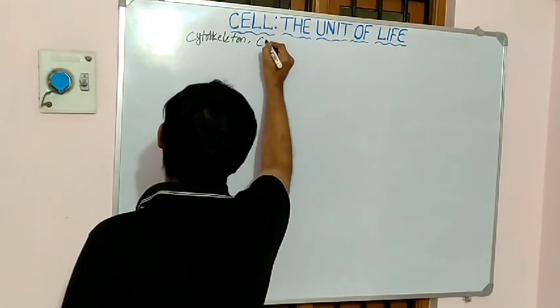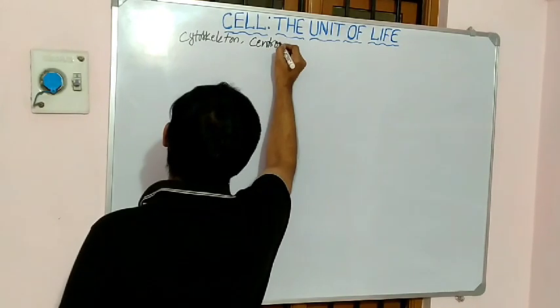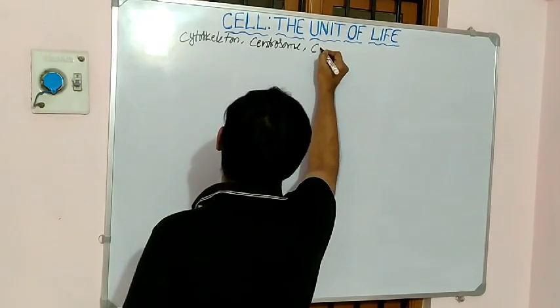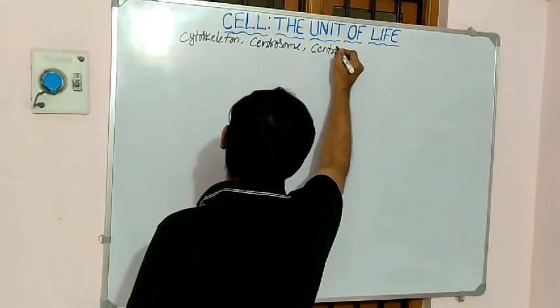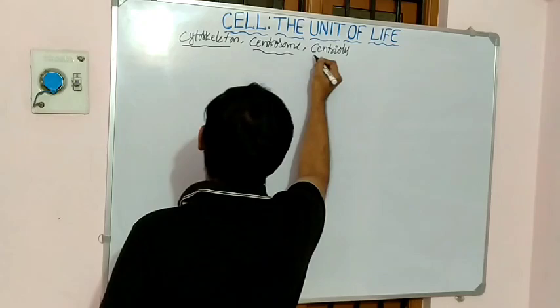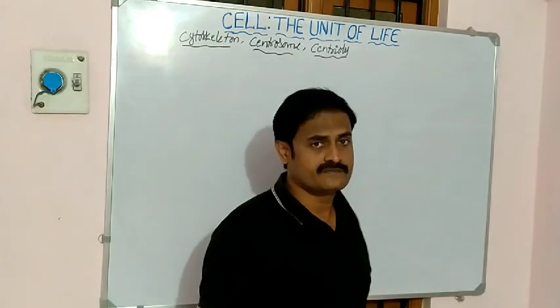They are centrosome and centrioles. So these three cell organelles now I will discuss.